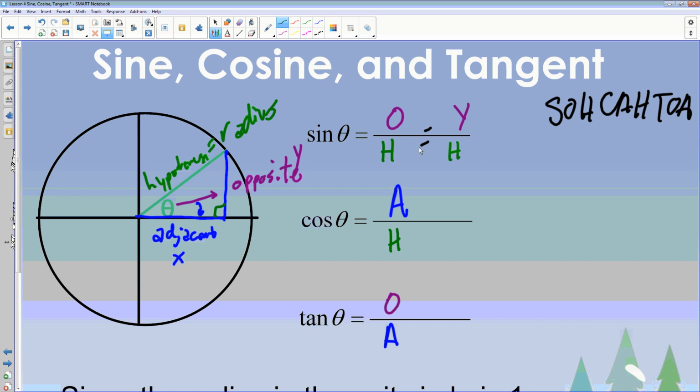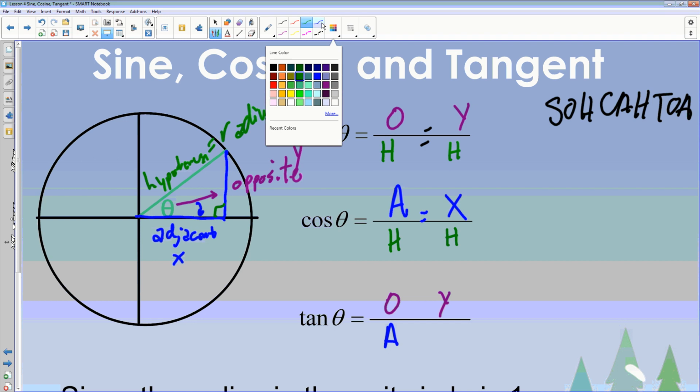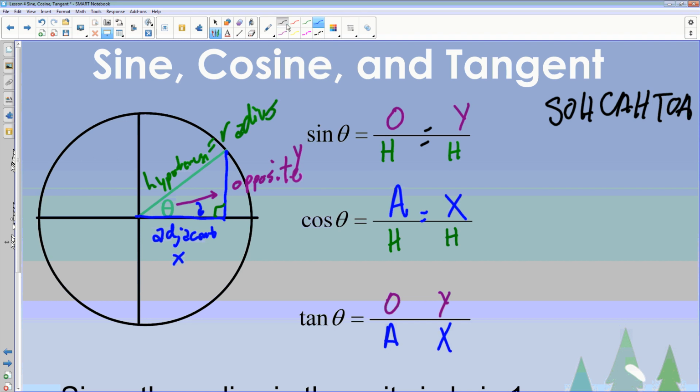We can think of cosine as being the adjacent, the x over the hypotenuse. And we can think of tangent as being y over x.